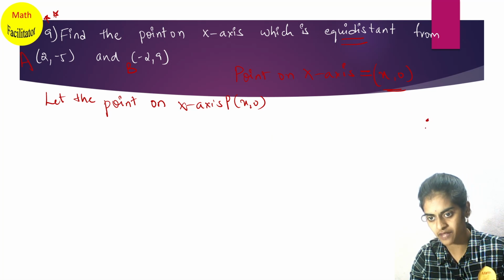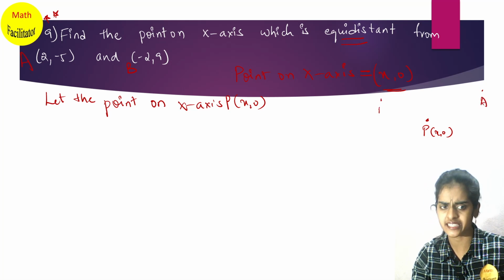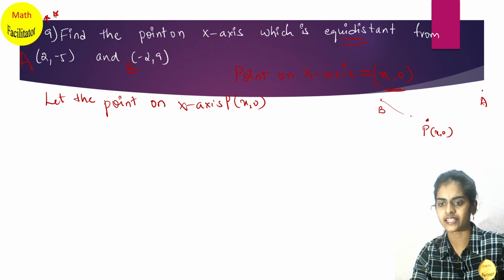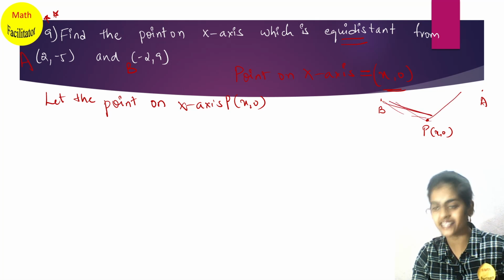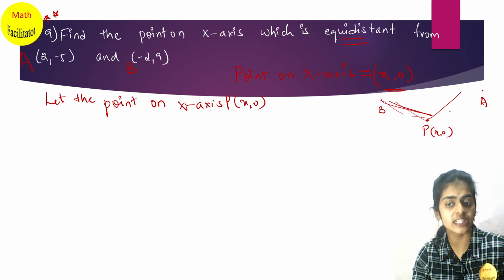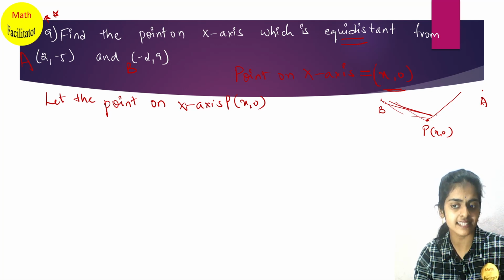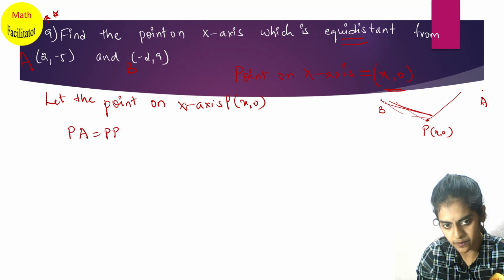That means the distance PA and the distance PB are the same. So I can say PA is equal to PB.